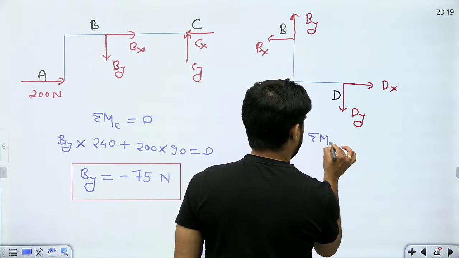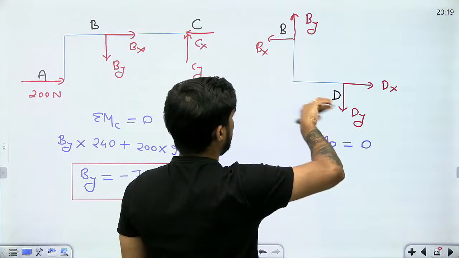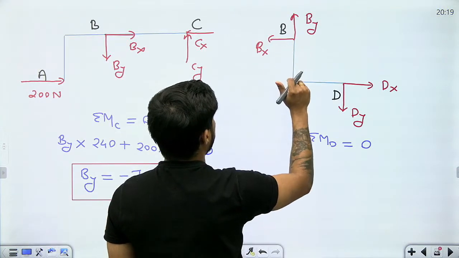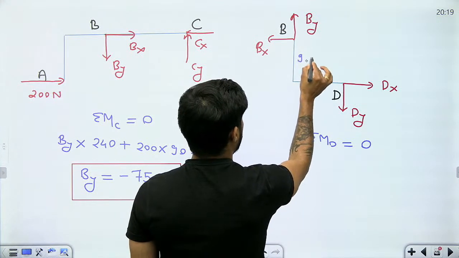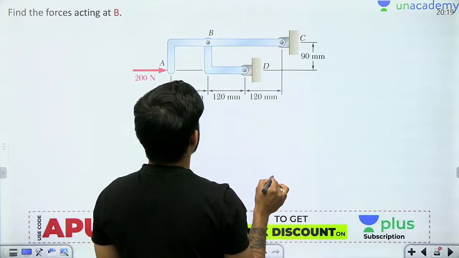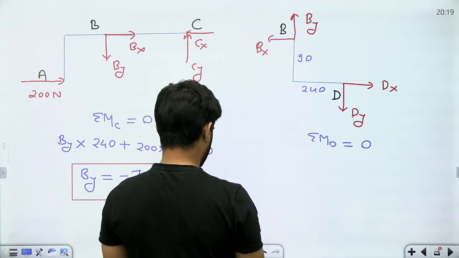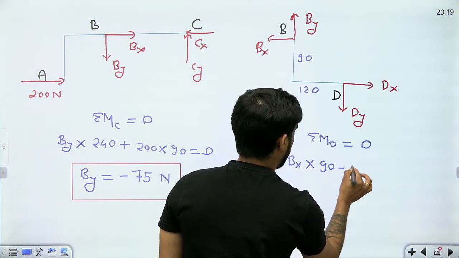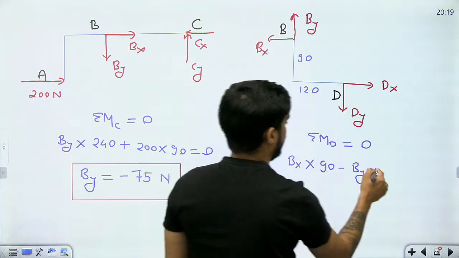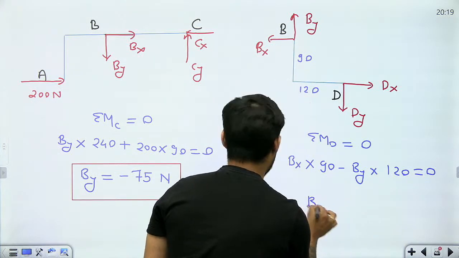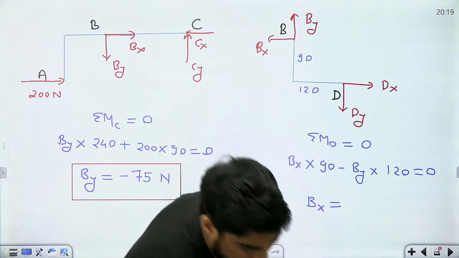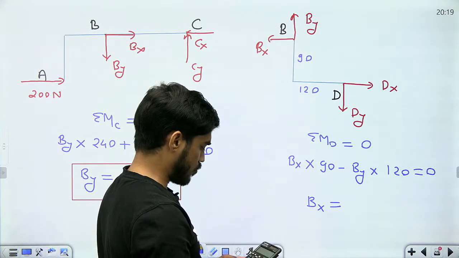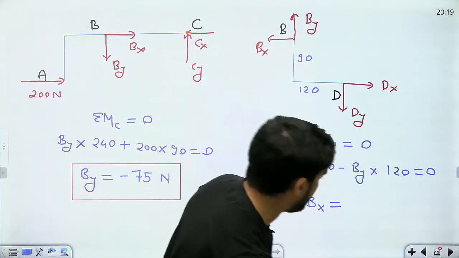Take the moment at point D. So what you are going to get? bx multiplied by ये वाला डिस्टेंस इज 90, सॉरी B से D तक का 120. तो bx इंटू 90 माइनस by इंटू 120 इक्वल्स टू 0. तो यहां से यू आर गोइंग टू गेट द वैल्यू ऑफ bx. कितना आ रहा है? by इज माइनस 75. तो बेटा ये हो गया 75 इंटू 120 बाई 90 माइनस 100 न्यूटन.